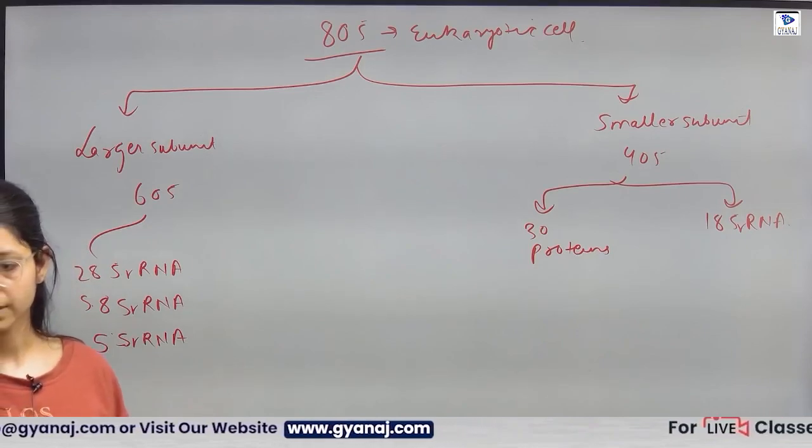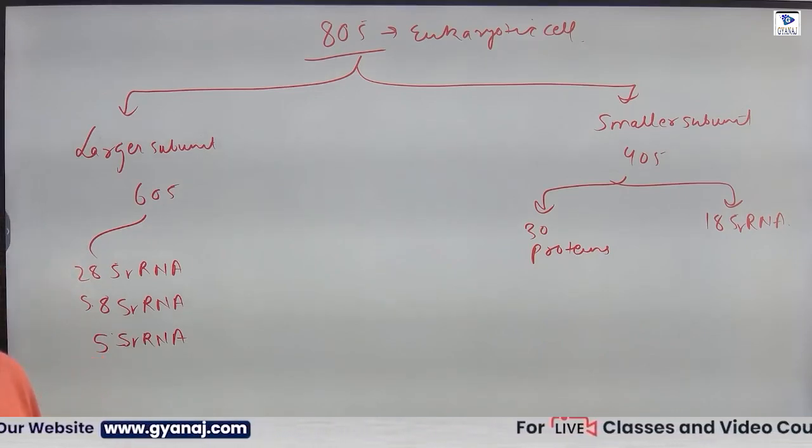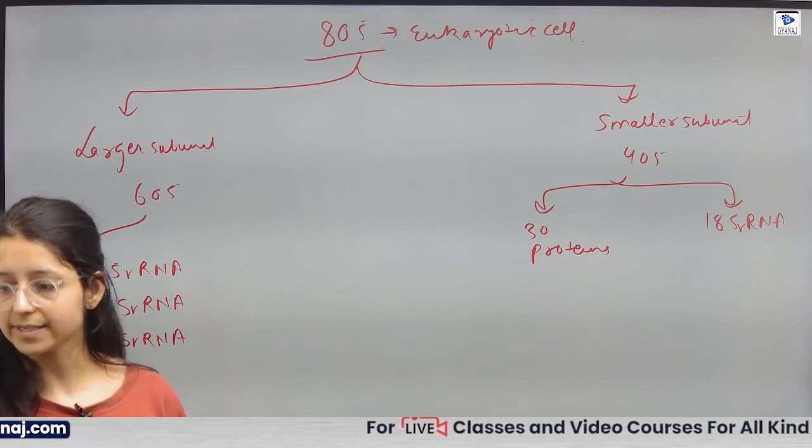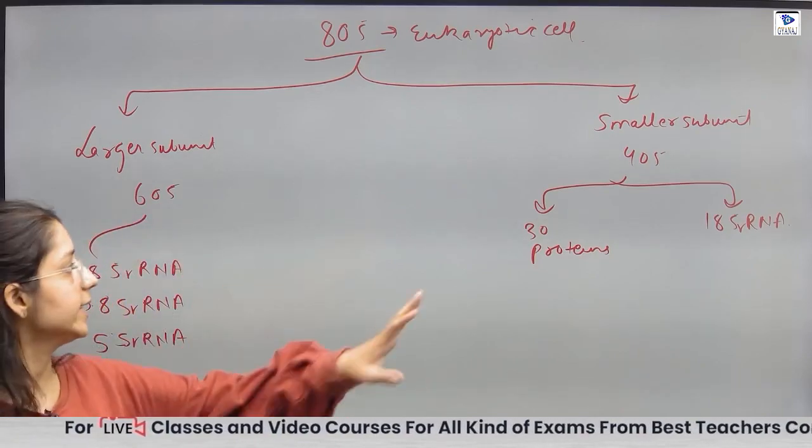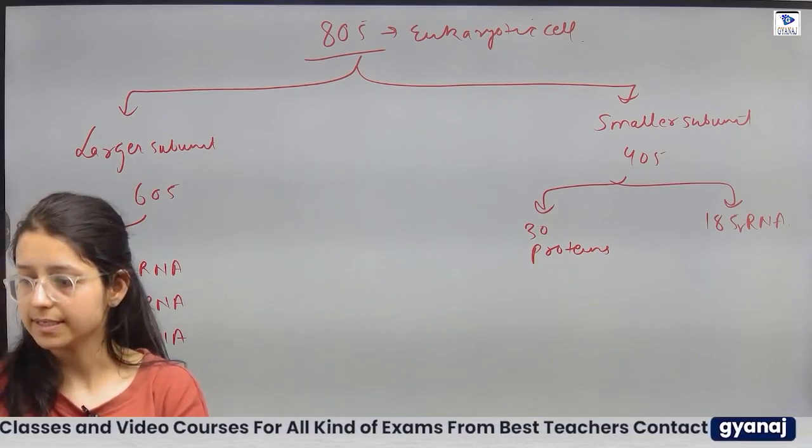So these 28S, 5S and 5.8S are present in the larger subunit, and the 18S is present in the smaller subunit.